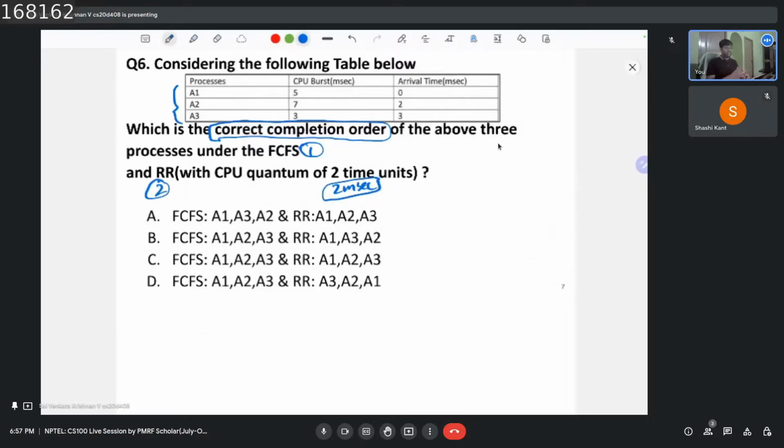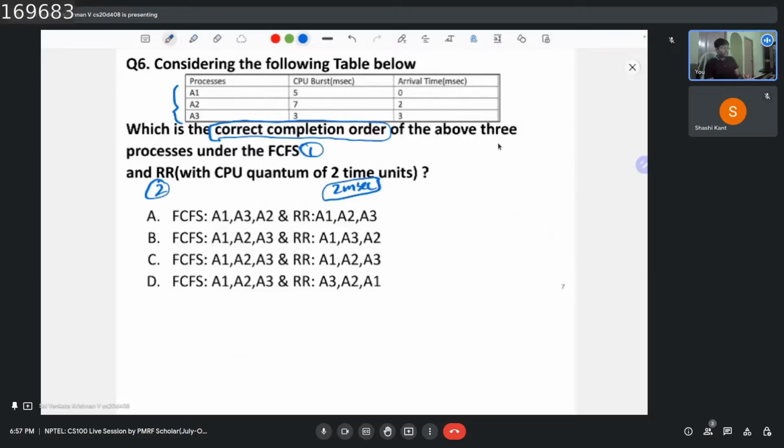So given this scenario, in which order would the processes be completed, whether A1 would get completed first, or A2 or A3, when comparing FCFS and a round robin scheduling algorithm with a time quantum of 2 units.